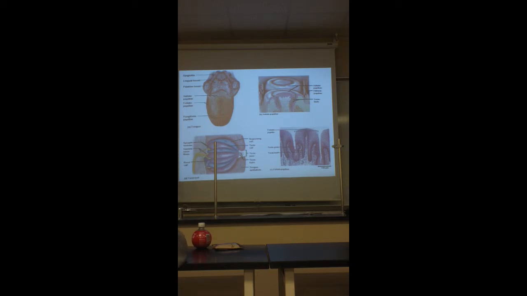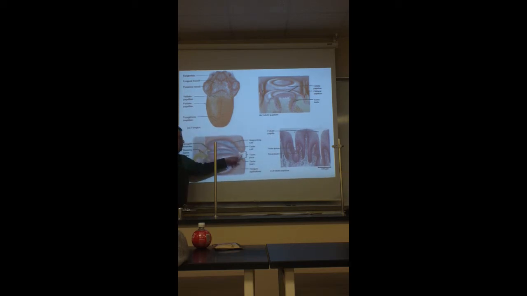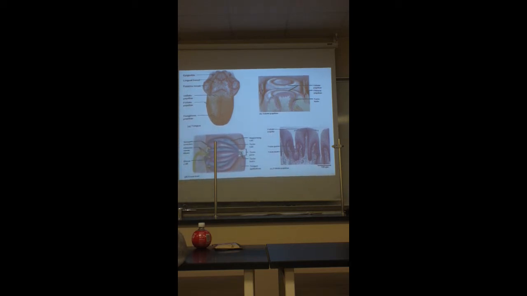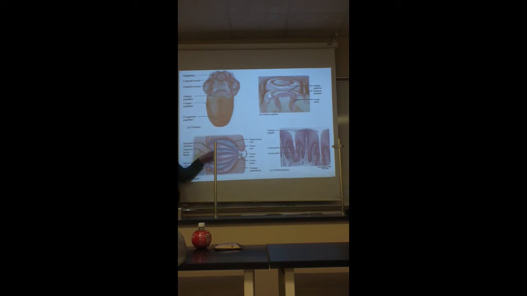So once it gets dissolved in saliva, then it can go into this taste pore, one of 10,000 different pores, and possibly stimulate one of the receptors that's on these taste cells. So this one right here may be designed to taste bitter, or sour, or sweet, or umami, and we'll talk about those. It responds in these taste cells and then sends a stimulus over here to the brain.